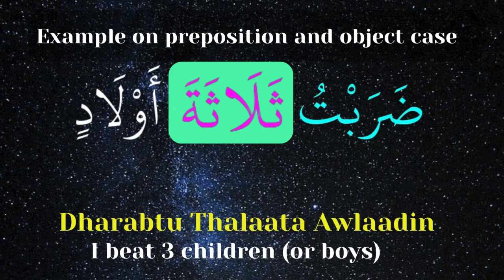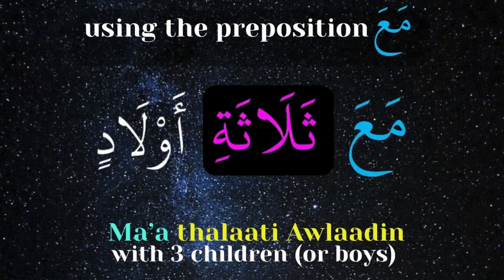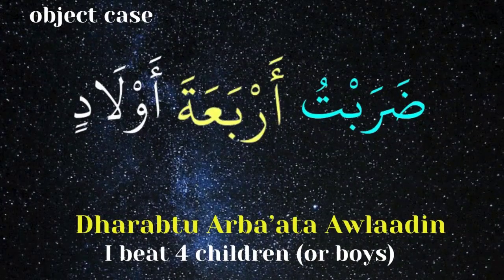We can express that with the following examples. Darabtu thalasata awladin, which is the fatha case. For the kasra case, which is the preposition, we can say ma, using the preposition ma, which means with. Ma thalasati awladin. Darabtu arba'ata awladin.